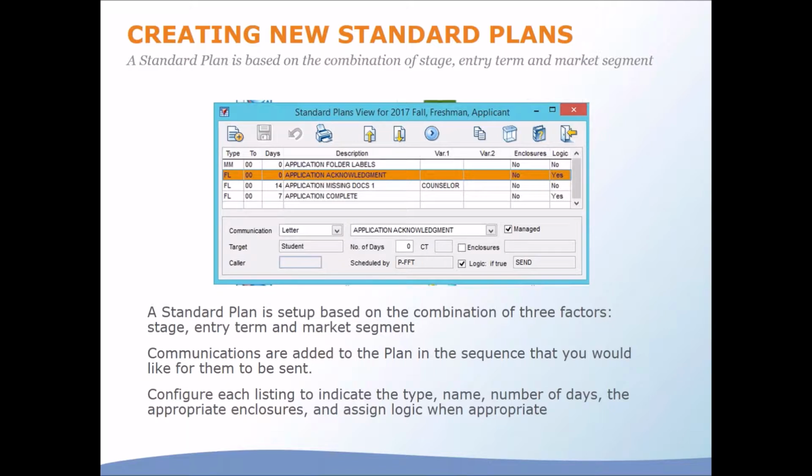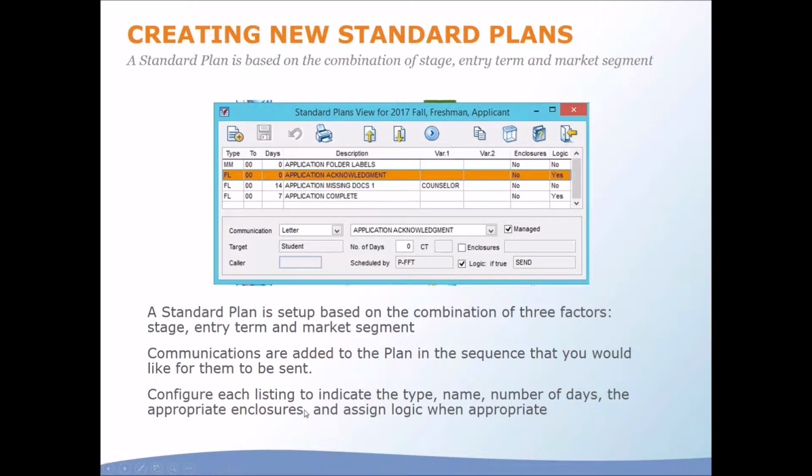And then each communication is configured so that it tells the system what type of communication it is, what the name is, the number of days. You can see that in the days column.